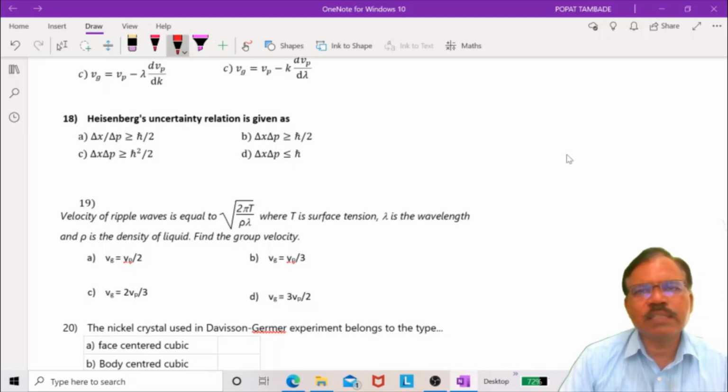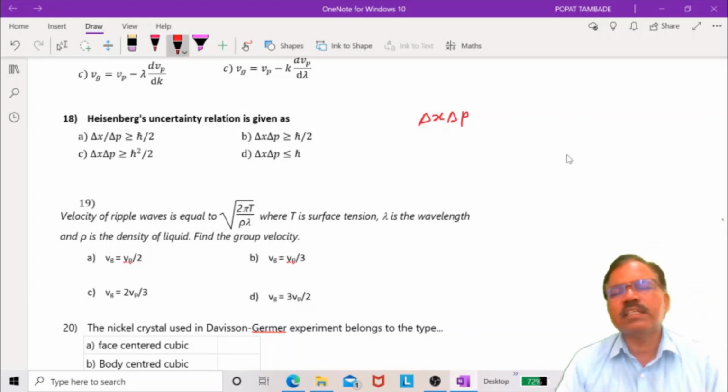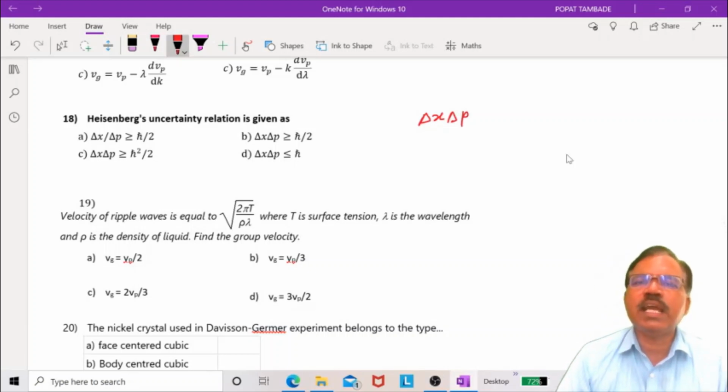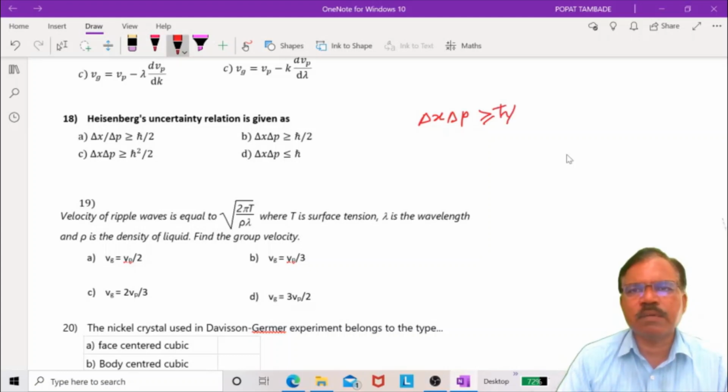So the uncertainty principle states that delta x into delta p, that is the product of uncertainty in the measurement of position and uncertainty in the measurement of momentum, is equal to or greater than h bar upon 2. So this second one is correct.